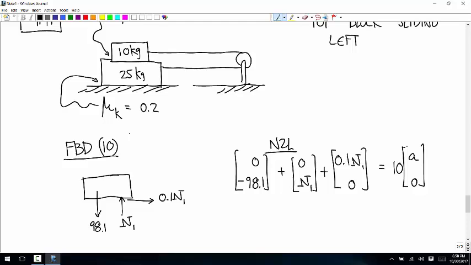Yes, we do. I just totally blanked on that. Thank you. So we also need the tension. Tension is always positive and it always acts away from the body you're isolating.